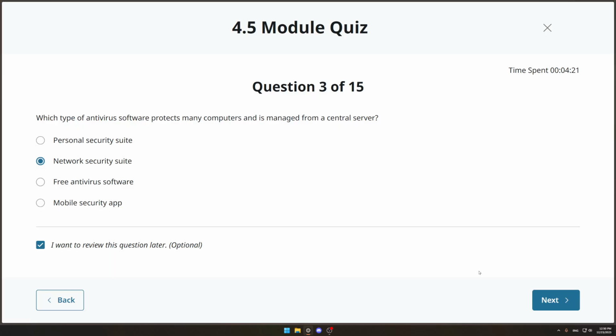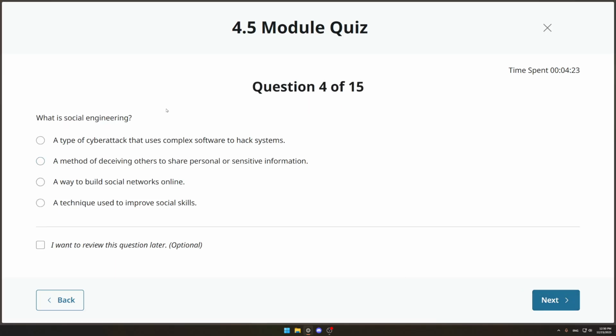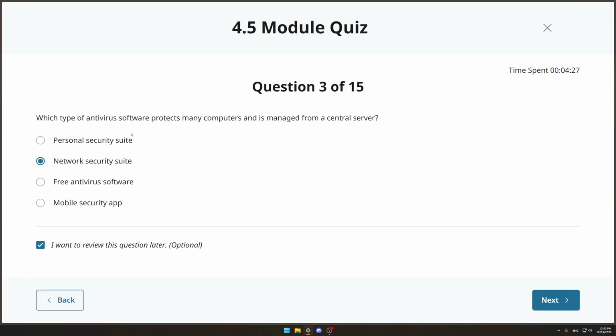I'm going to go ahead and check this later. The reason why I chose this is personal kind of implies home office, maybe something like that. Network security kind of implies more of an industrial sense of multiple computers and from a central server.